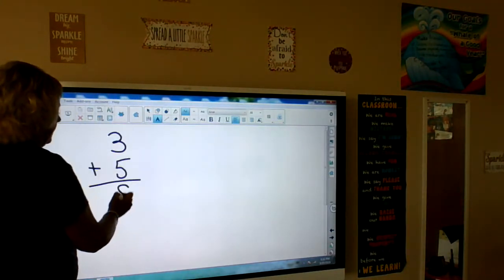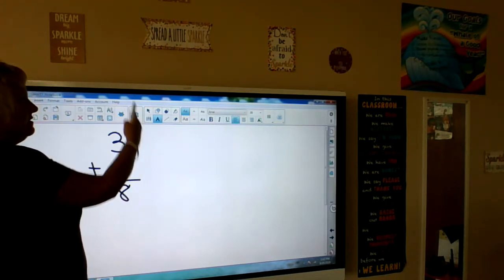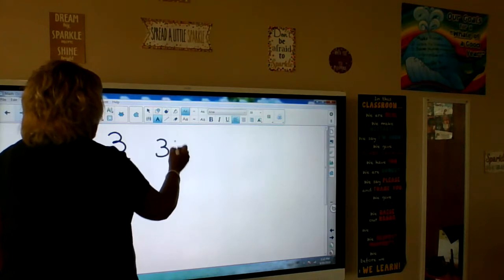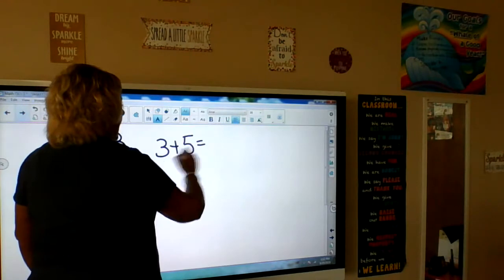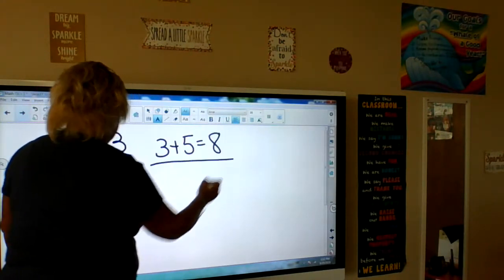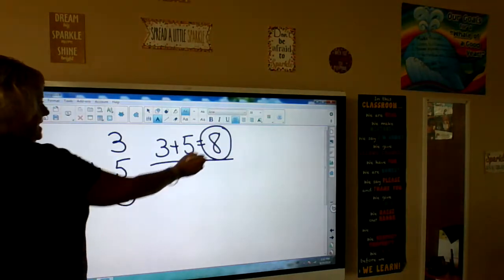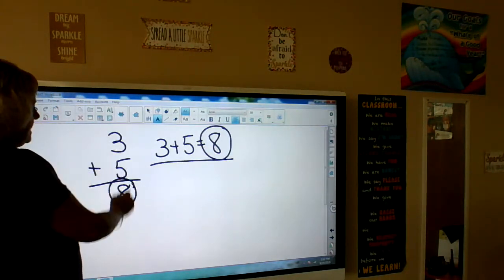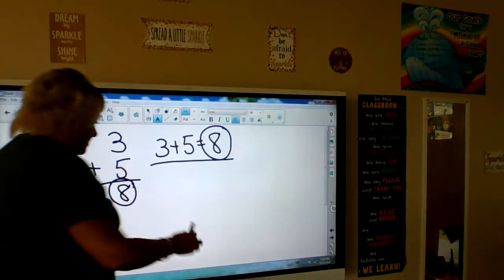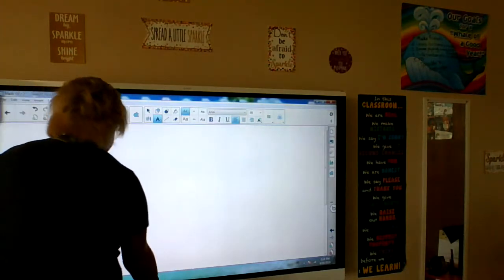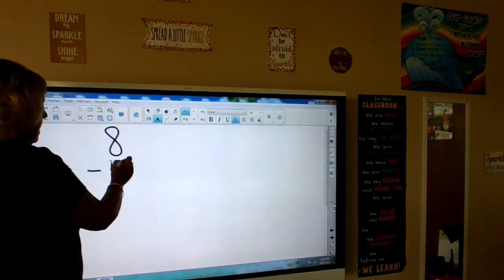So 3 plus 5 is 8. That's up and down. That's vertically. I can also take those same numbers and add them and write them across. I'm going to get the same answer or the same sum. 8, 8. So I can add up and down, or I can add across. I can also do that with subtraction, but the big number has to come first.